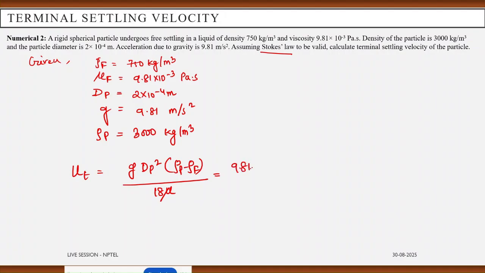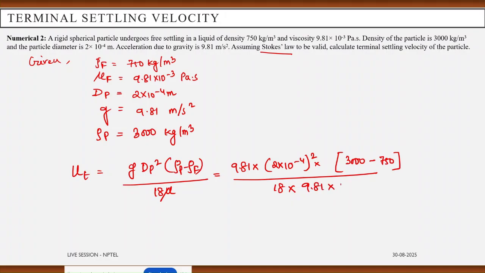You just put all the values and calculate. The answer is five into 10 to the power minus 3 meter per second.